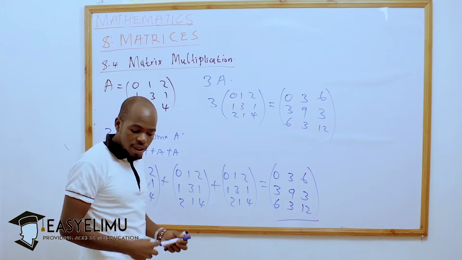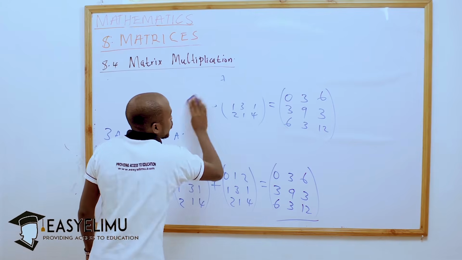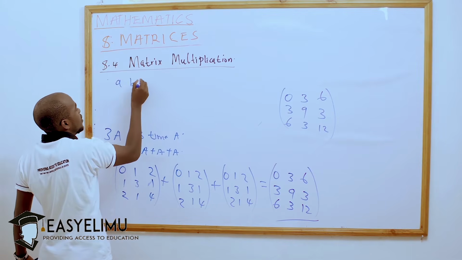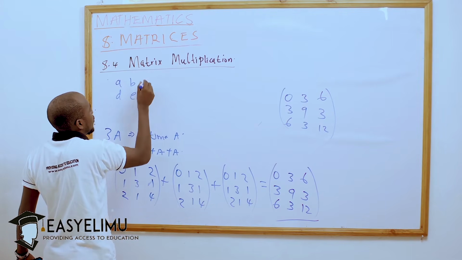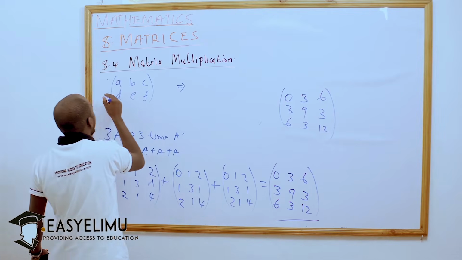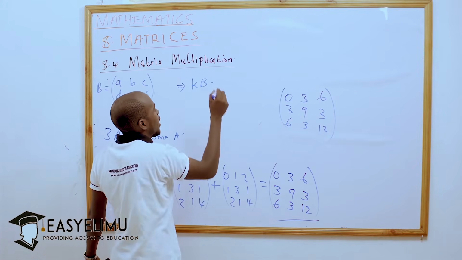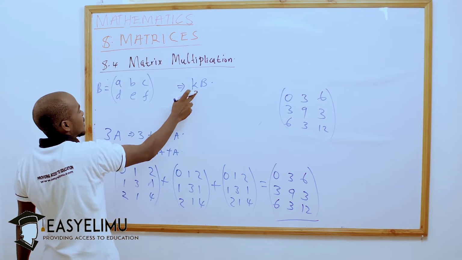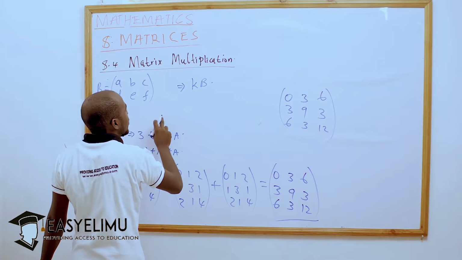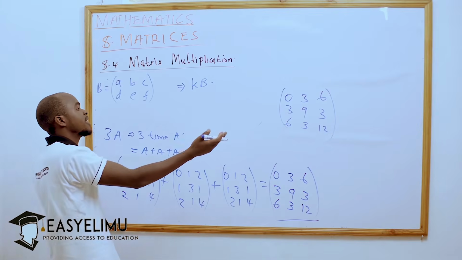And we can conclude that if in general you have been given a matrix B with entries A, B, C, D, E, F, for example, and you are asked to find KB, then it means it's the same as summing the matrix B K times. But to avoid that tediousness, we have a simpler way.